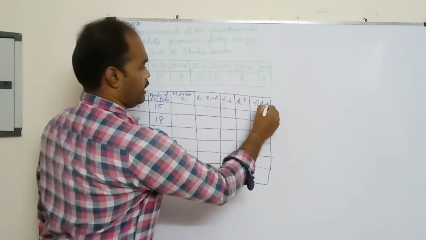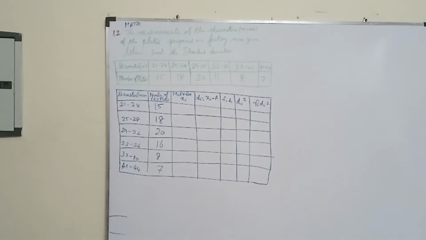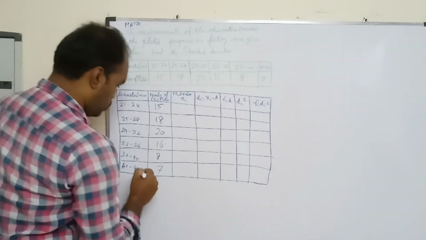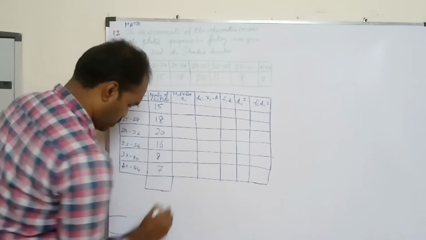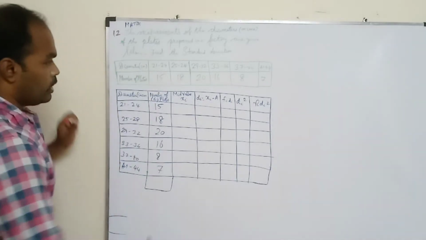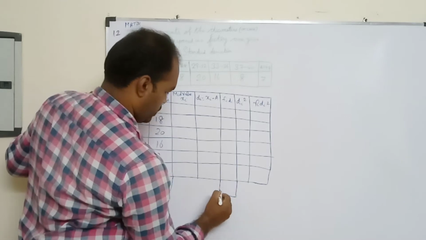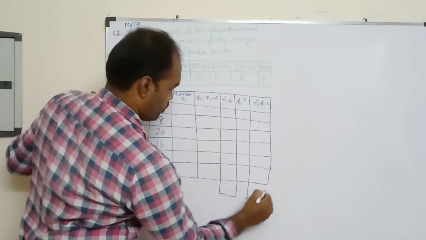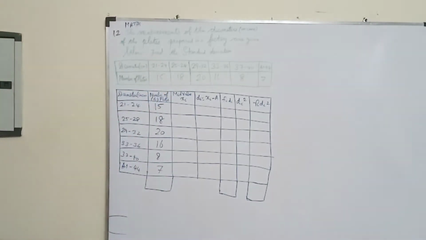Then fi di square. The next one is sigma fi di, and sigma fi di square.